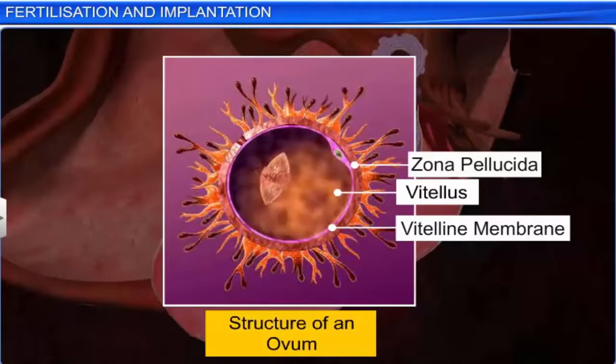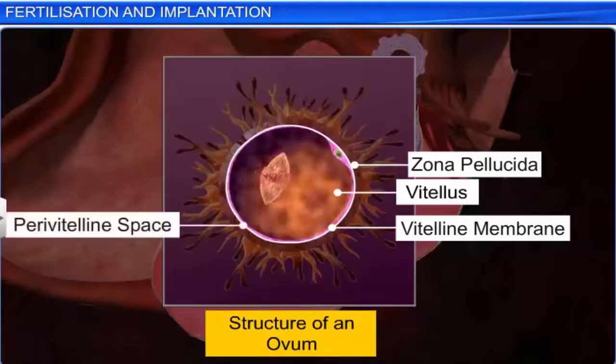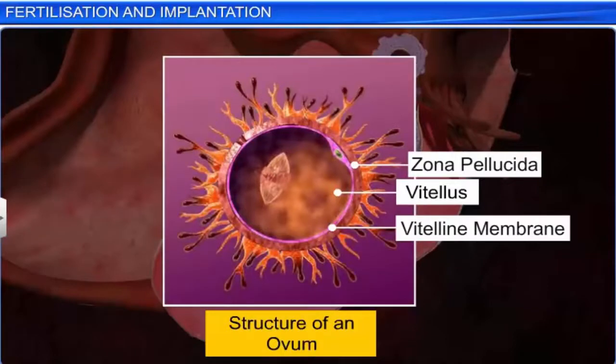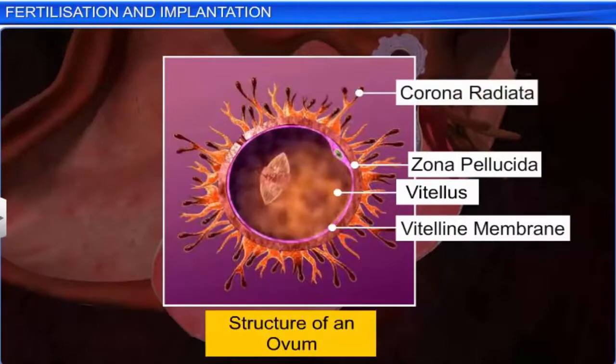However, there is some space between the zona pellucida and the vitelline membrane, which is called the perivitelline space. Surrounding the zona pellucida is a layer of granulosa cells called the cells of corona radiata.